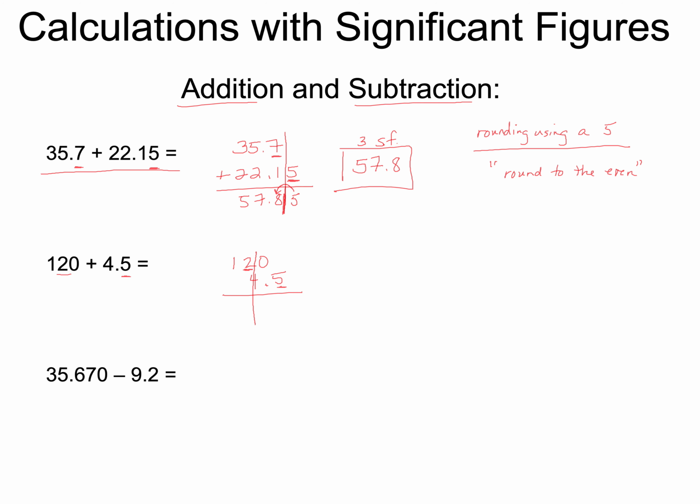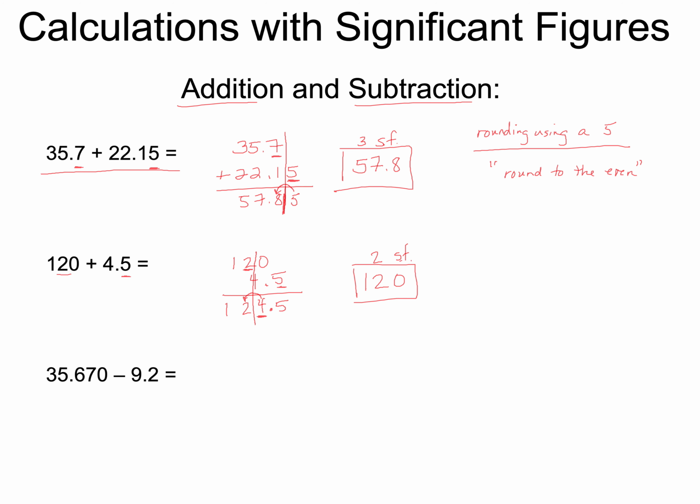So we have 124.5. Our 4 is the number that we will use to round the previous number. Well, the 4 is not large enough to make the 2 round up because it is below 5. So technically the answer to this value is 120, 2 significant figures.